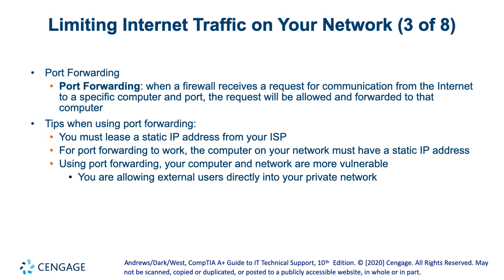Typically, you pay for a public IP address, and then you set it up in the router. That takes your internal address and maps it to the external address that you bought from your ISP, and then you can access it.